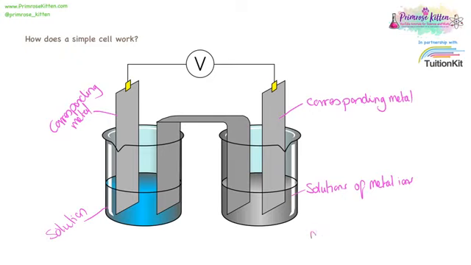They have to be different metals and solutions. In the middle here we have a salt bridge, and this is where our electrons are going to be flowing. Over here we have a voltmeter, so we can measure the flow.